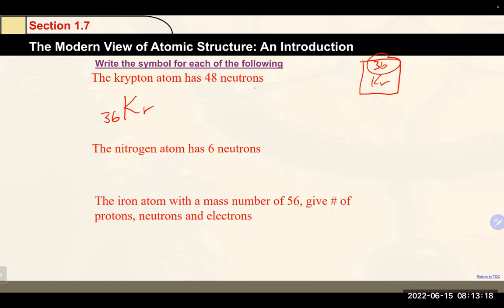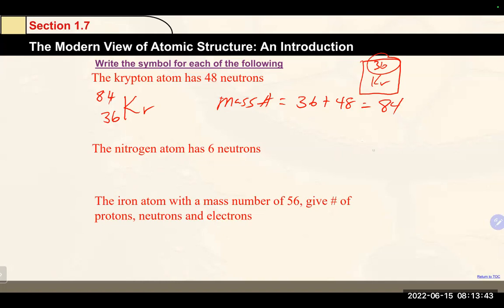And our mass number is going to be our protons, which would be 36, plus our neutrons, which would be 48. And that's going to give us 84. That would go up here on the very top there. Any questions on that one there?